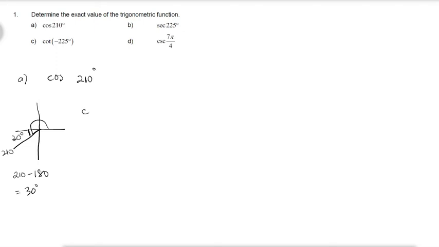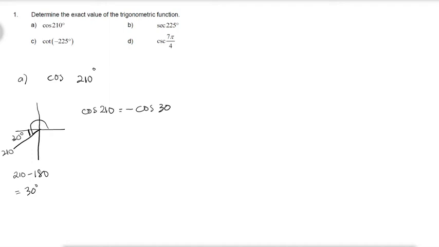So if you want to find cos 210, meaning that you can find cos 30. But you need to remember cos at this quadrant 3 is a negative value. So you put a negative at this side.